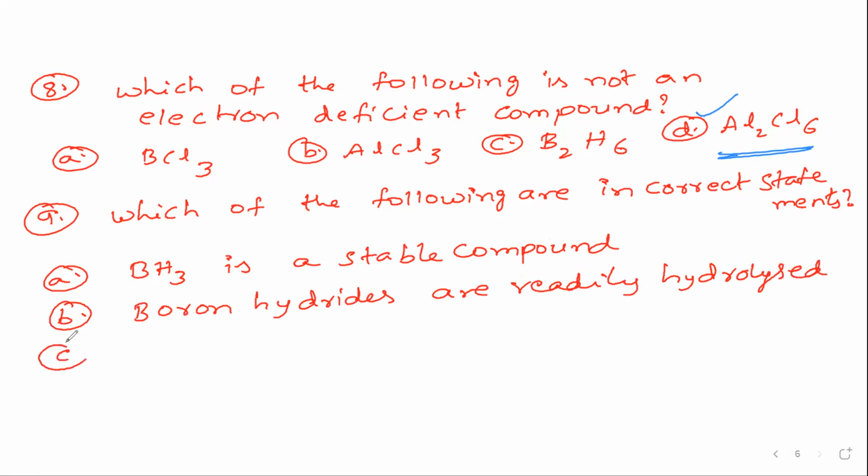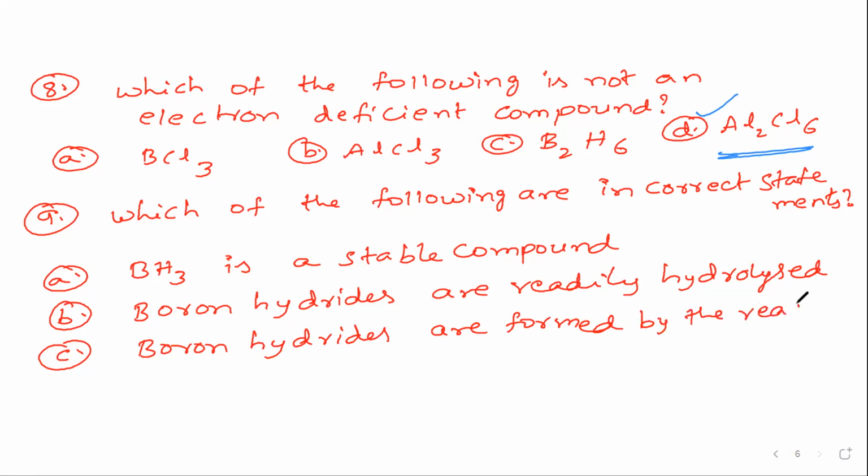Option C, boron hydrides are formed by the reaction of Mg3B2 and dilute HCl.